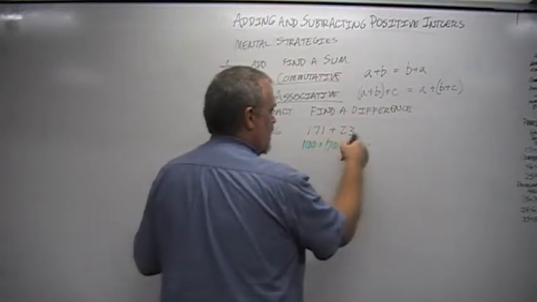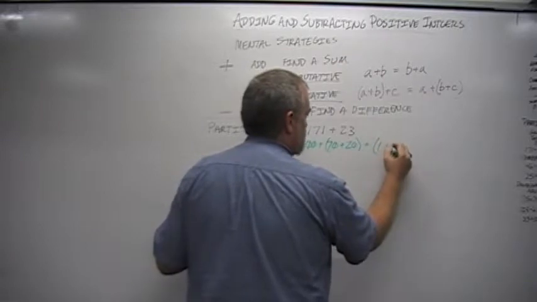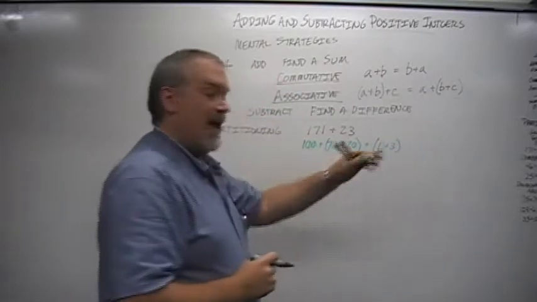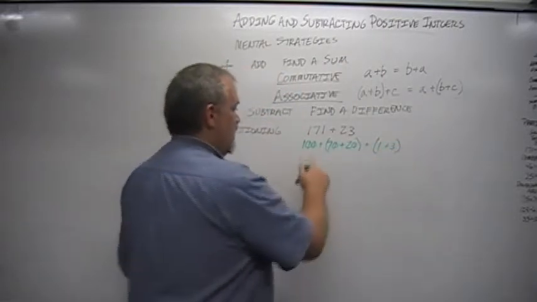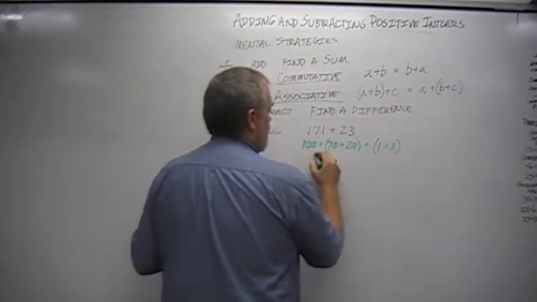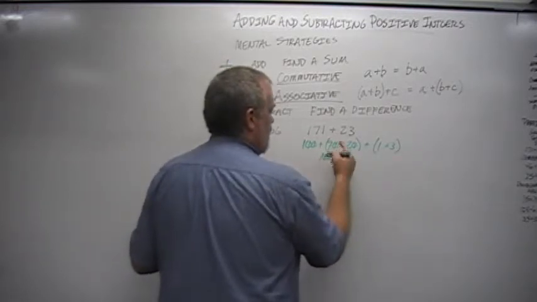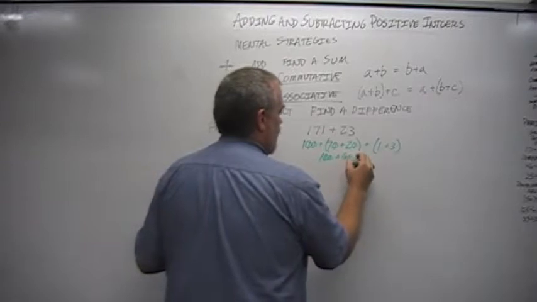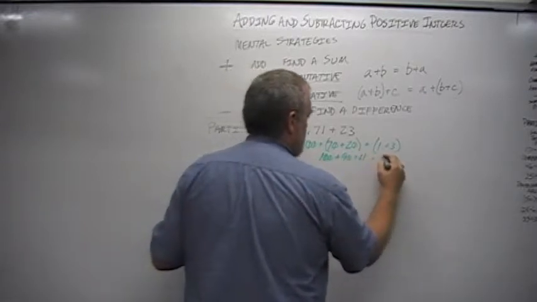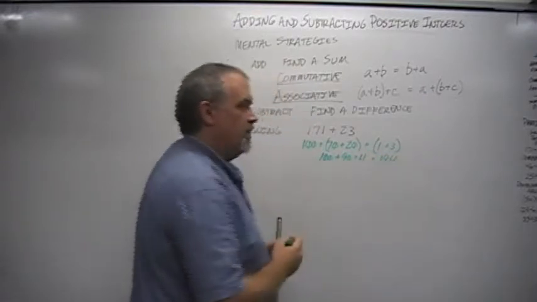Plus, here we have 1, and here we have 3. 1 plus 3. And so then when we're adding those together, it's much easier. We have 100, and here we have 90, and here we have 4, which gives me an answer of 194.